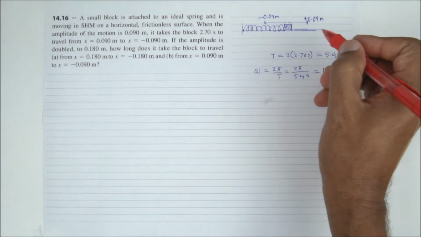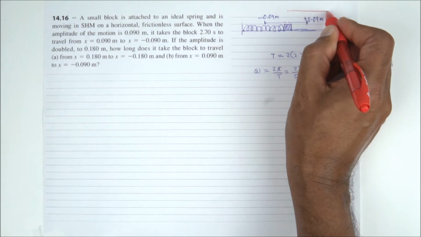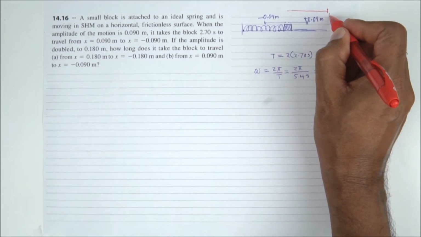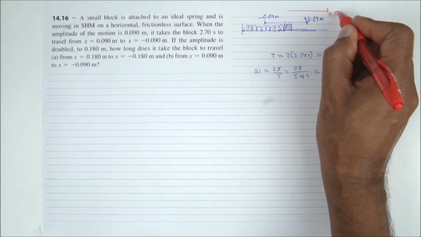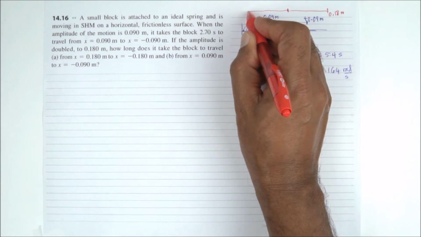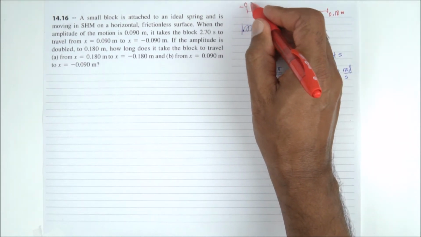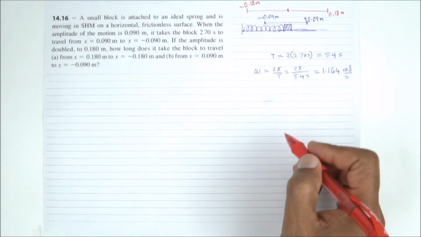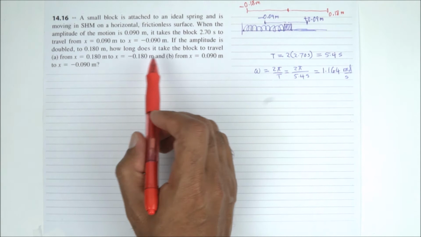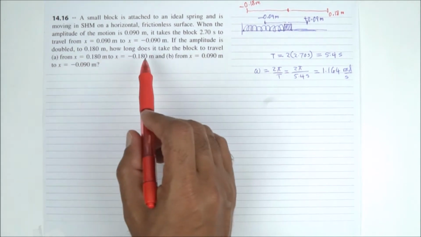The new amplitude would be twice the distance, 0.18 meters, and from here it goes back the same distance, so minus 0.18 meters. So that's the new amplitude. Now part A asks how long does it take the block to travel from this to this.